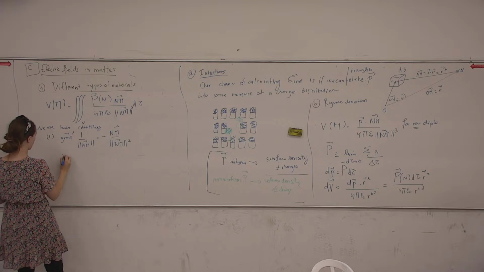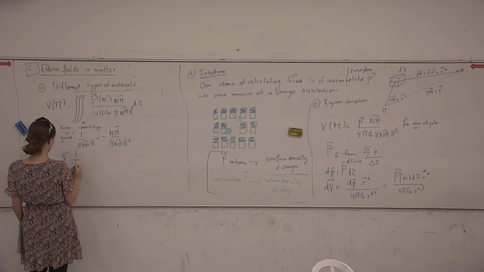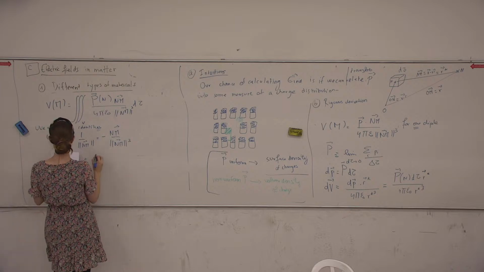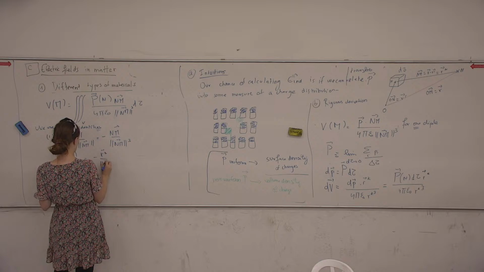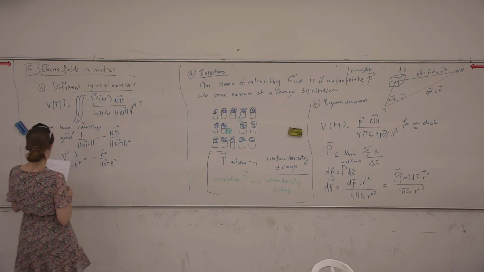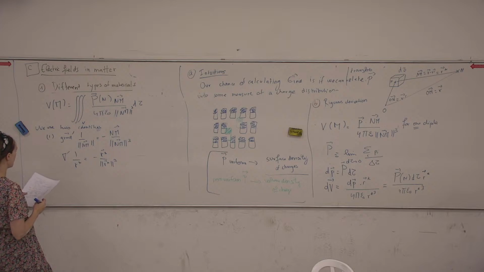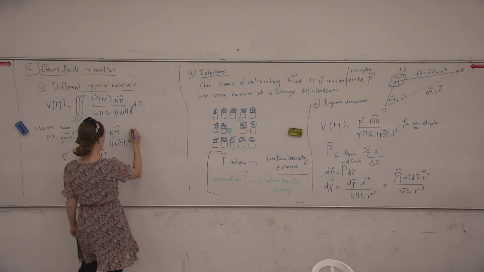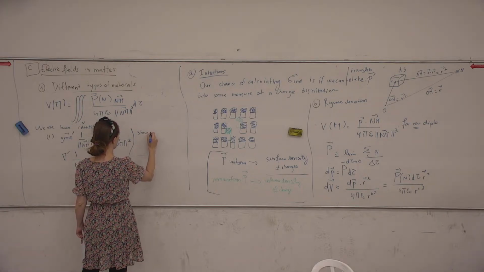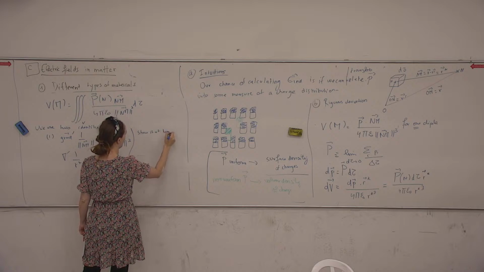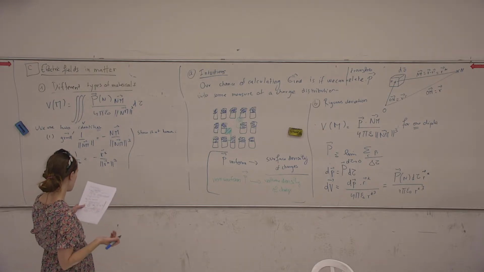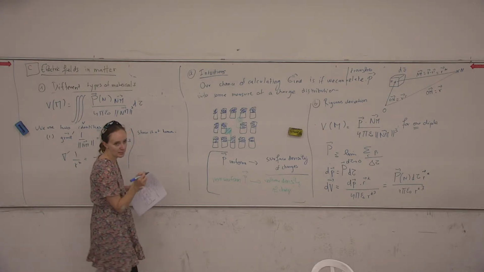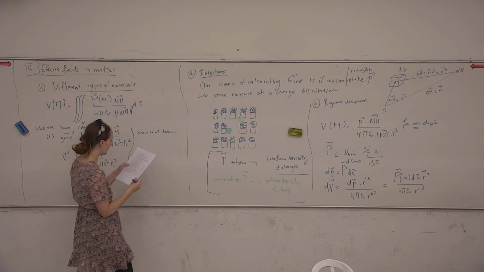Another way to write it is the gradient of 1 over r star is equal to minus r star over r star cubed. This is not trivial, and I will let you show it at home. It's also in the preface.